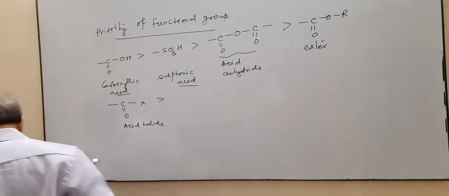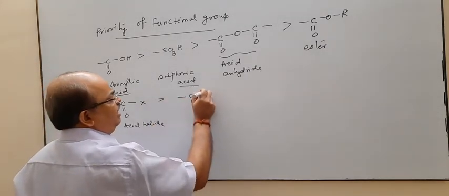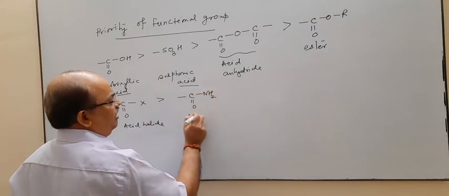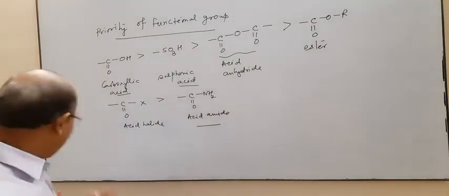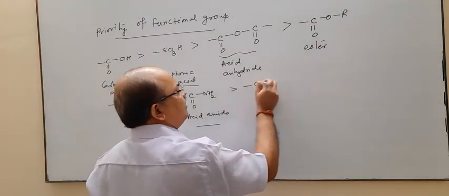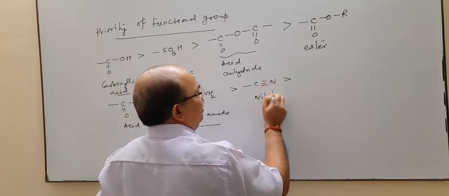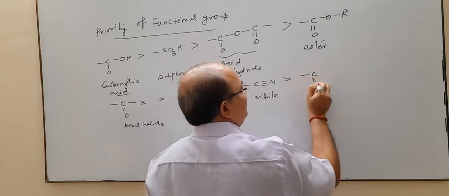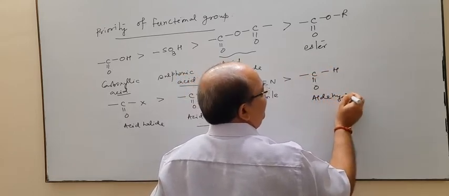Now this acid halide is senior to your acid amide. This is your acid amide, which is further senior to cyanide, or called nitrile. Then it is senior to your aldehyde, CHO.